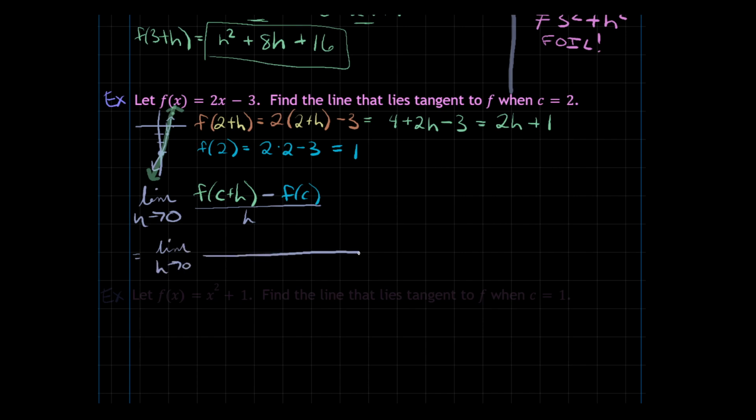Substituting those in, we're going to have f of c plus h, we said, is 2h plus 1, and f of c is 1. All of that is over h.